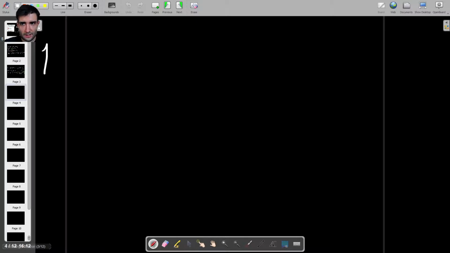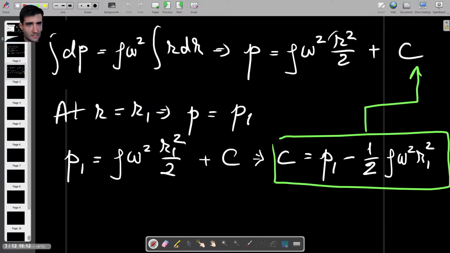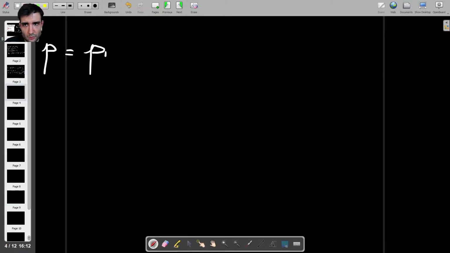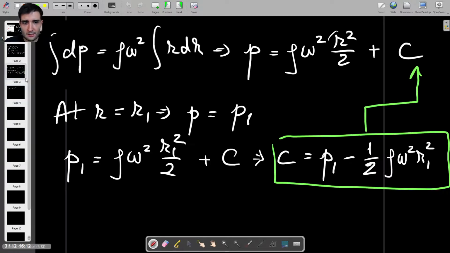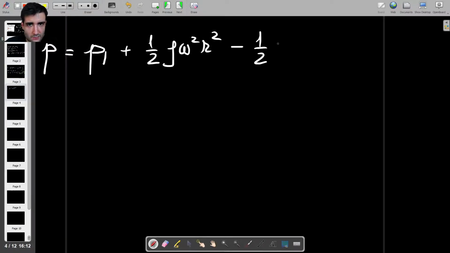Okay, so now I'll take this and I will put it in here. So we have pressure P equals, and I'm going to rearrange a few things slightly. So I'll first write P1, and then I have plus 1/2 rho omega squared r squared minus, and then this, which is 1/2 rho omega squared r1 squared, like this. So this is what we have to find. It's the omega squared.